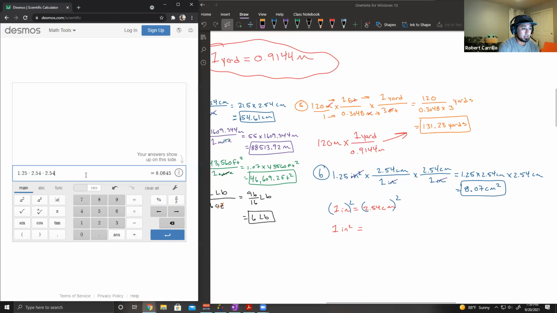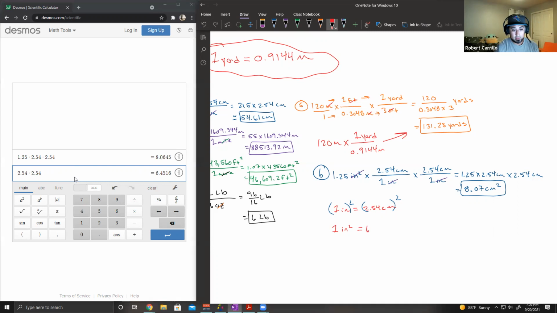That becomes, let's see, 2.54, and we square it. So I just multiply it by itself, is 6.4516 square centimeters.